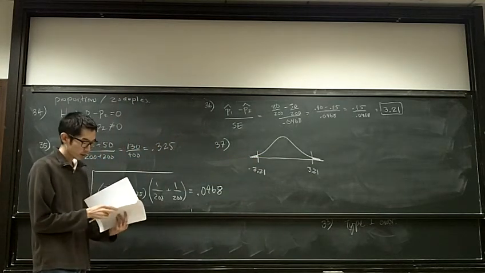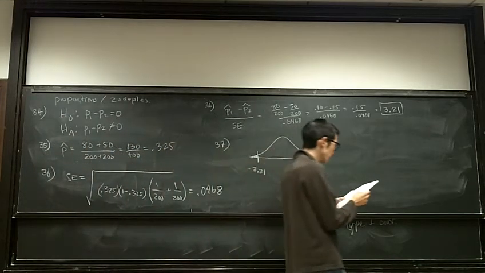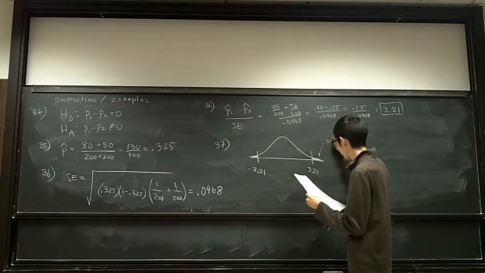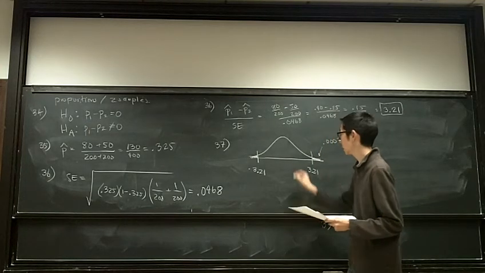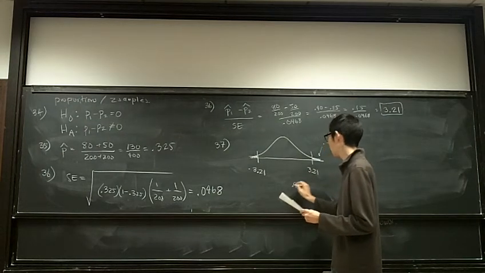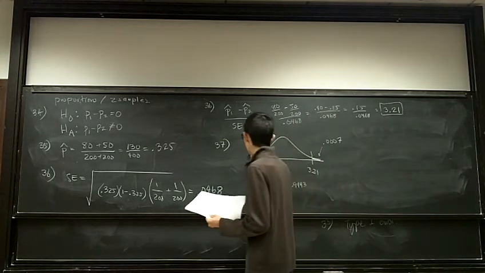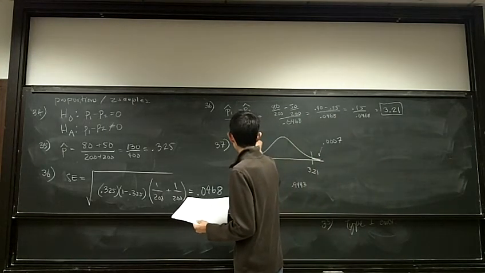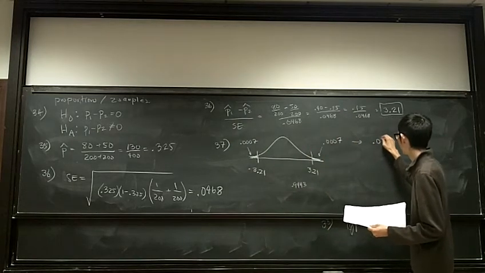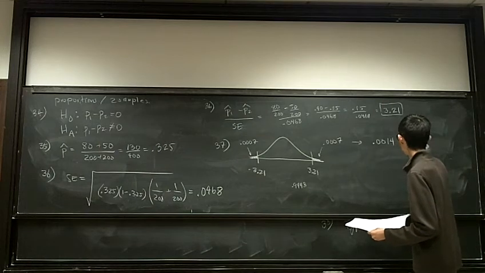So how much is to the right of 3.21? The answer here is 0.0007, right? Because if you look up 3.21, you get 0.9993. So I'm going to double that. Over here I also have 0.0007, so my total area is 0.0014. This is my p-value.